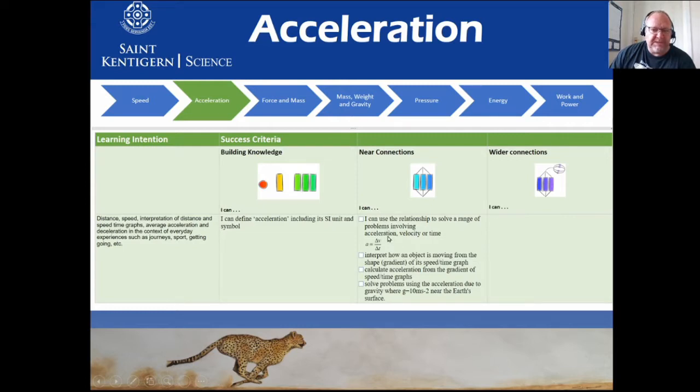Alright, so you need to know how to use the graph and the gradient and calculate acceleration from the gradient and so forth.